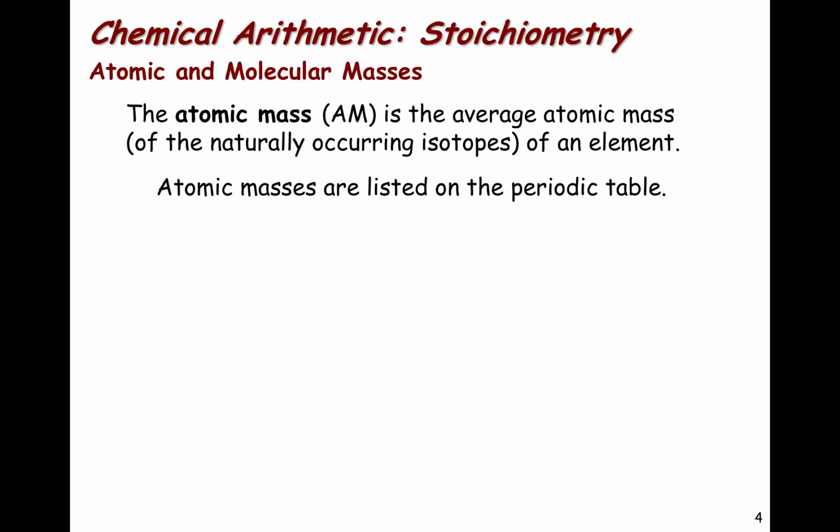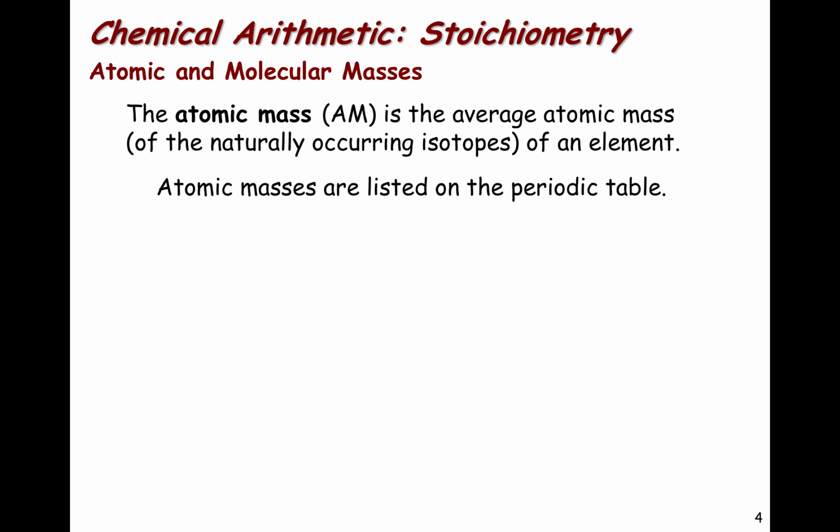If we have individual atoms, we often will discuss the atomic mass of an element, but if we have a molecule, which is a grouping of atoms, then we have to talk about the molecular mass. This is the sum of the atomic masses.